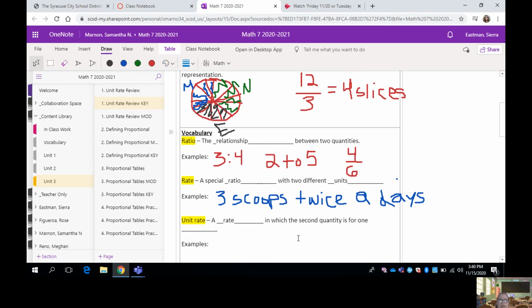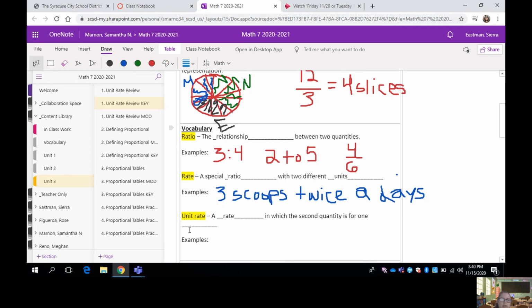A rate in which the second quantity is for 1 unit. So we have ratios, more specifically a special ratio with 2 different units. And if we get even more specific here, a unit rate is a special rate in which the second quantity is only for 1 unit, right?